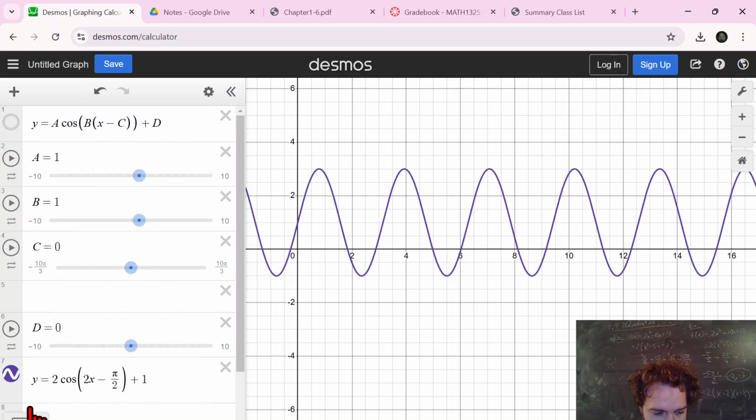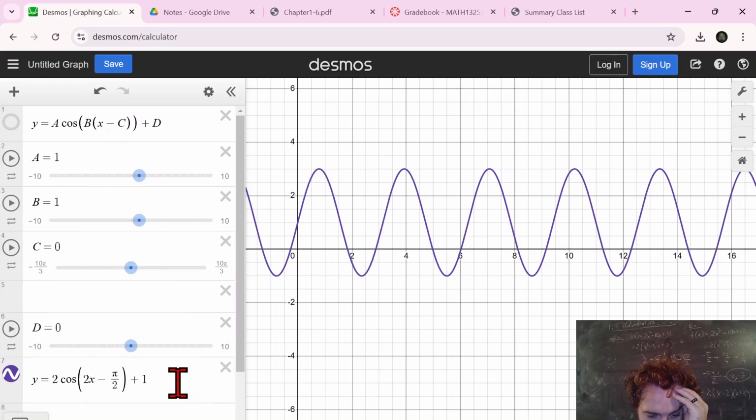So here at the bottom of this Desmos screen, I have put an example into our input line. This is 2 cosine of 2x minus pi over 2 plus 1.